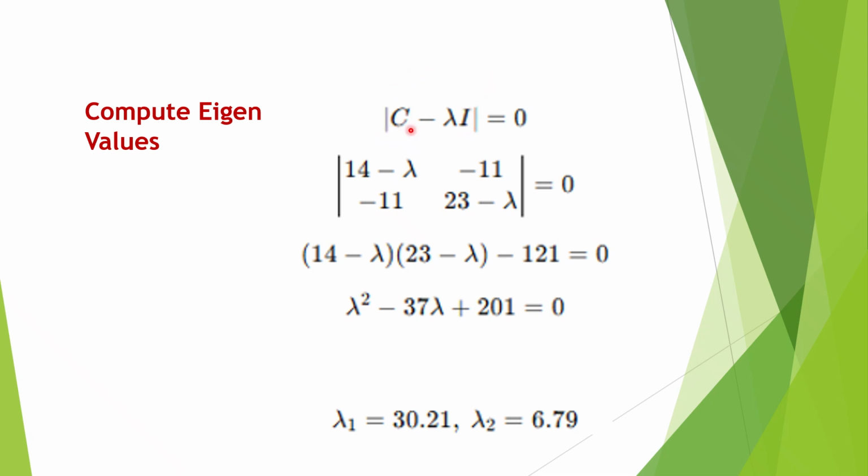If we put the values and solve it, there are two roots of this equation: lambda 1 equals 30.21 and lambda 2 equals 6.79. This is the highest value, which will lead to the first principal component.